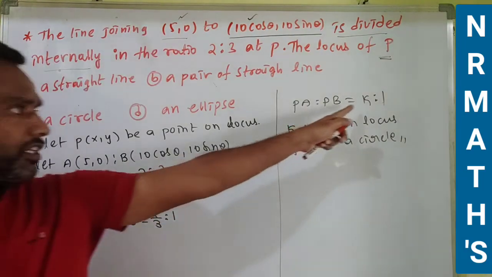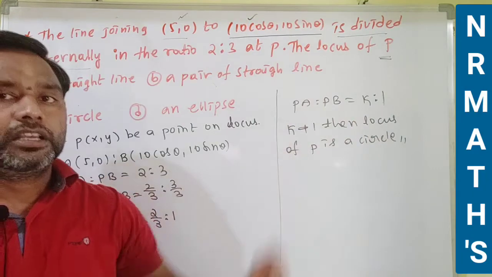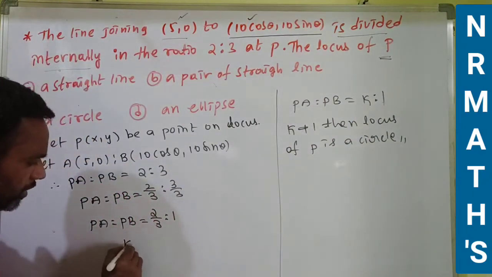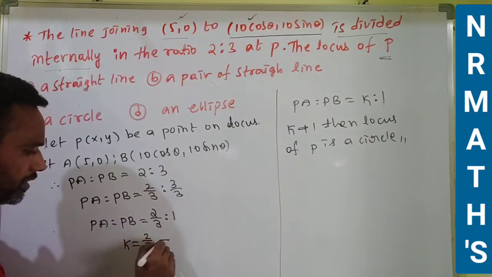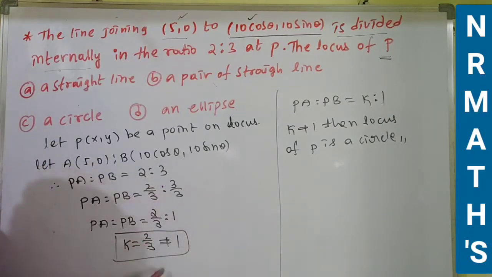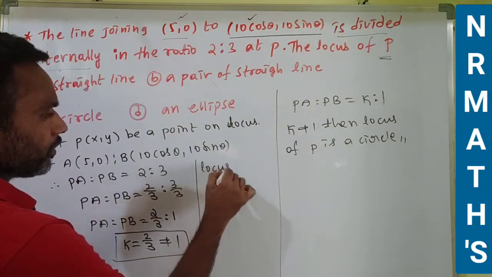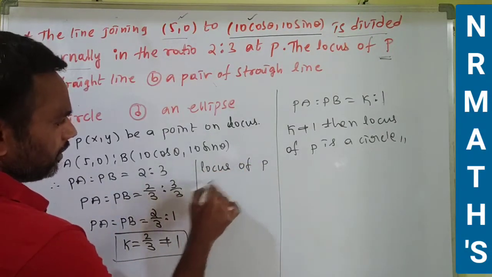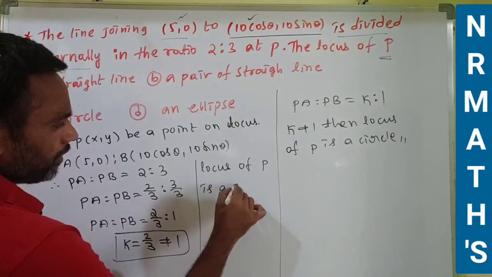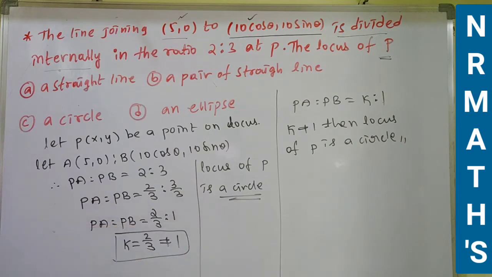Here K is equal to 2/3, which is not equal to 1, so the locus of P is a circle. The answer is circle, the third option, option C.